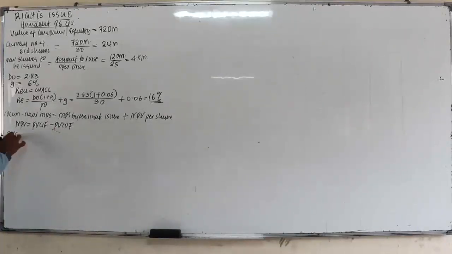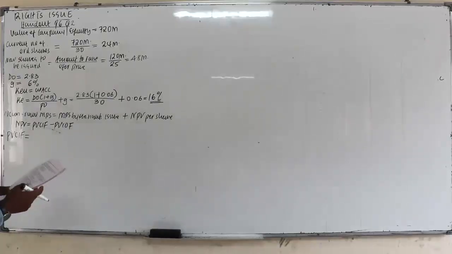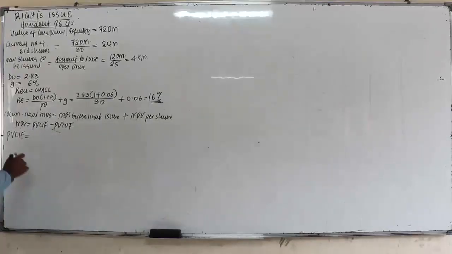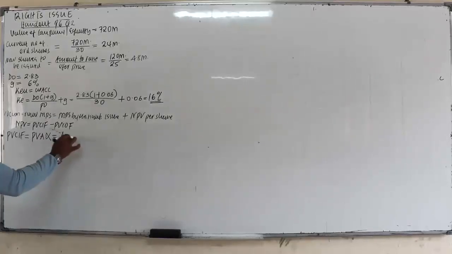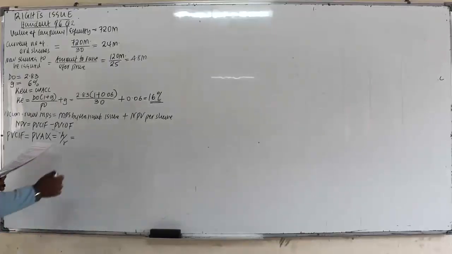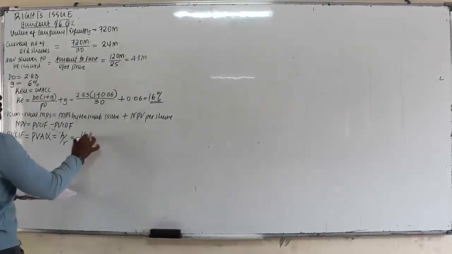To get the present value of cash inflow, we are given the expected cash flow. Read the second paragraph. The new project is expected to generate cash flows of 16.8 million per annum to perpetuity. So to get the present value of cash inflow, it's the same as getting the present value of an annuity to perpetuity, which is A over R. So we have the annuity, which is 16.8 million.